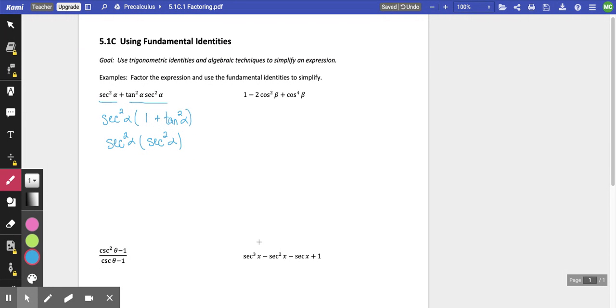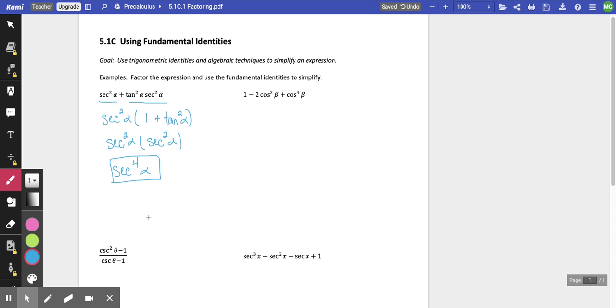And much like when I'm just multiplying, say, an x squared by an x squared, I would get an x to the 4th. The same thing happens with your trig functions there. So if you got a secant squared of an angle times a secant squared of that same angle again, you could put those together and you get secant to the 4th of alpha. That's as simple as I can make that one.